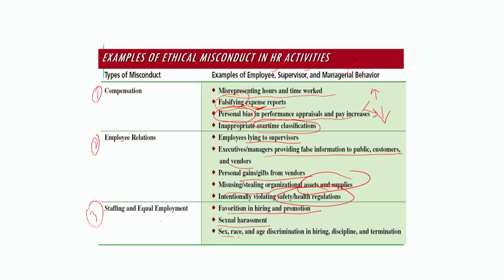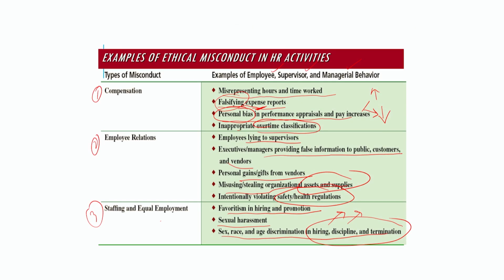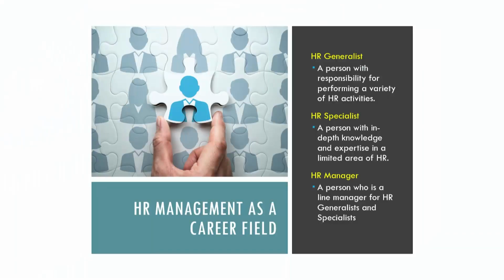Sexual harassment, sex, race, age discrimination in hiring, discipline and termination. Someone favoring people from their own geographic area, their own state, their own country is also one of the examples of ethical misconduct. So these are examples of misconduct in HR activities. They become a big challenge for people to work, and thus the HR has to see what is right, that has to be followed, and not fall into the trap of such misconducts.